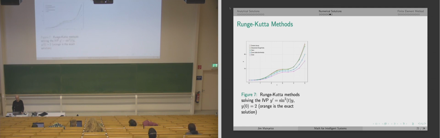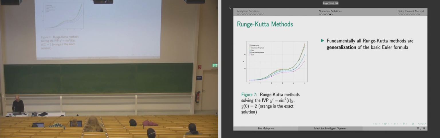is also used to solve initial value problems, so integrating the differential equation forward.